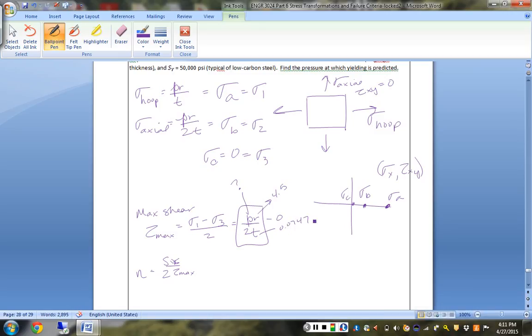So I know everything but the pressure. So I can solve this tau max in terms of the pressure. All of these are just numbers, so I end up with tau max equals 30.12 times the pressure.